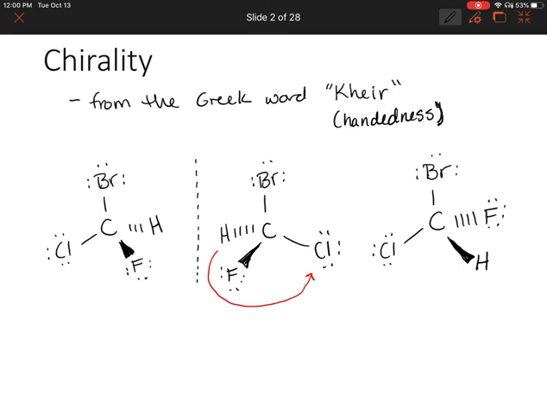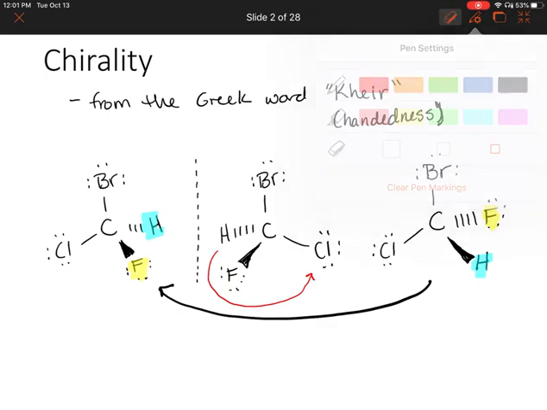All right, so now if we tried to overlap that with our original molecule, could we overlap them? No, the fluorine does not line up with our original fluorine, and the hydrogen doesn't line up with the original hydrogen. So they're actually flipped. So these are non-superimposable molecules.